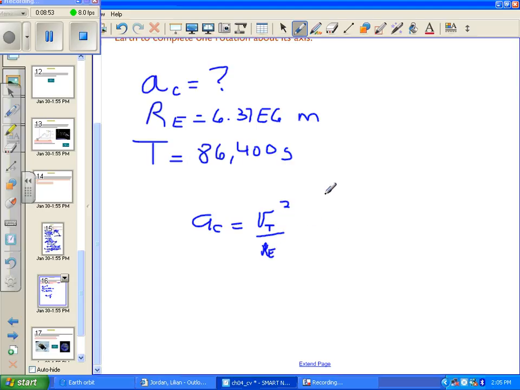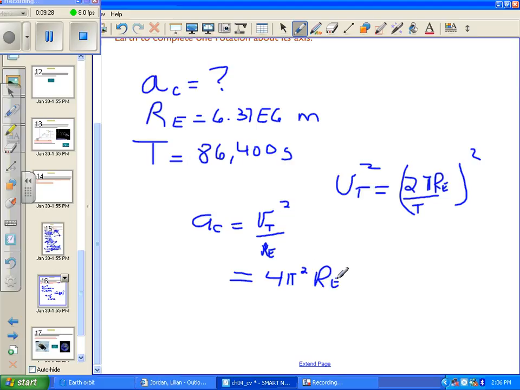We also know that the tangential velocity is related to the orbital period by 2 pi r, here the radius of the Earth, divided by T. So we can make that substitution, square both sides into our expression for centripetal acceleration, and so we get 4 pi squared, radius of the Earth squared, divided by orbital period squared.